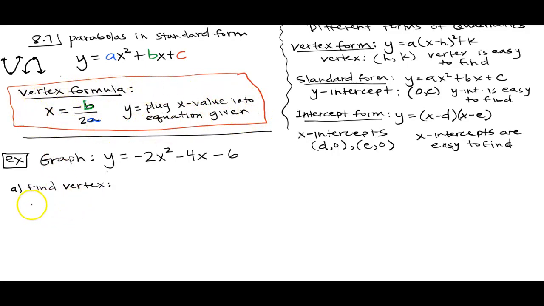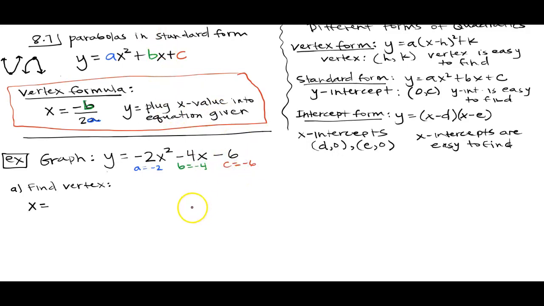And so to find the x value of our vertex, we'll do negative b over 2a. So here when I'm looking at this, I know that my a is negative 2, my b is negative 4, and my c is negative 6.